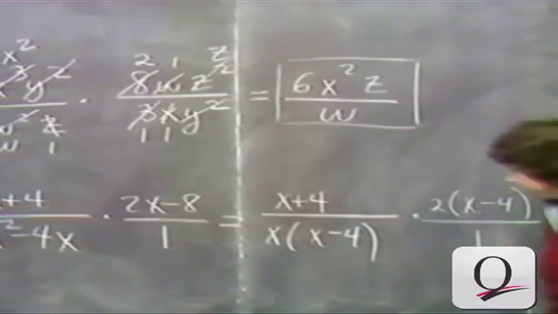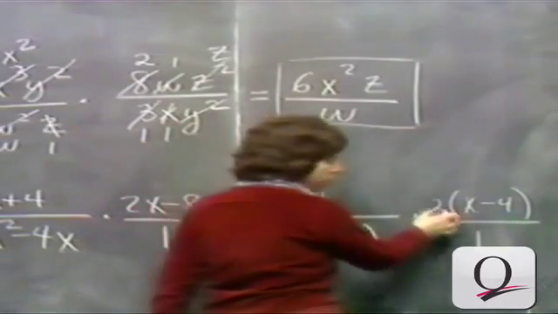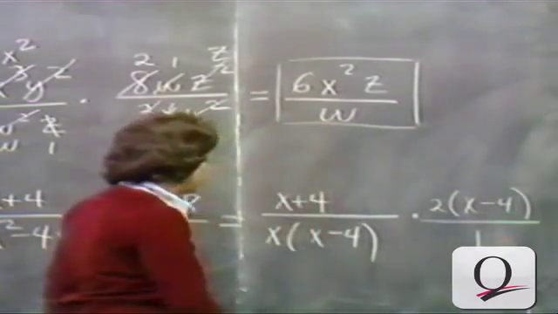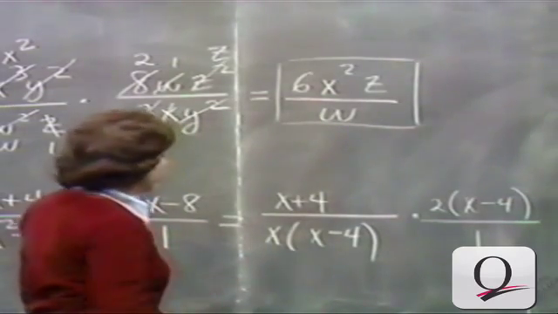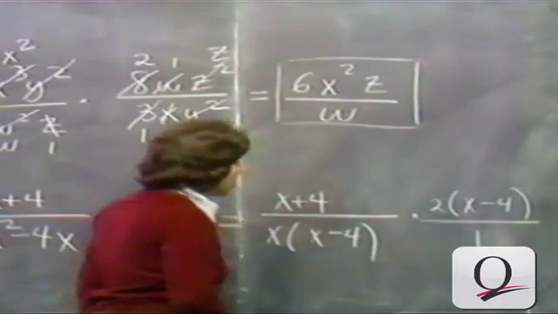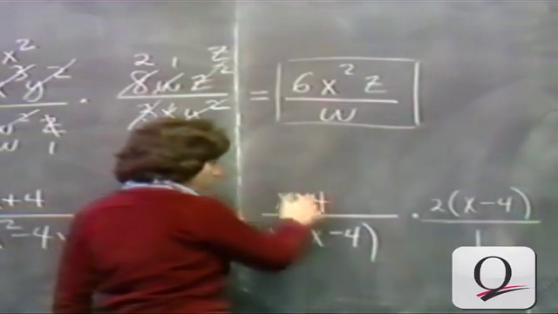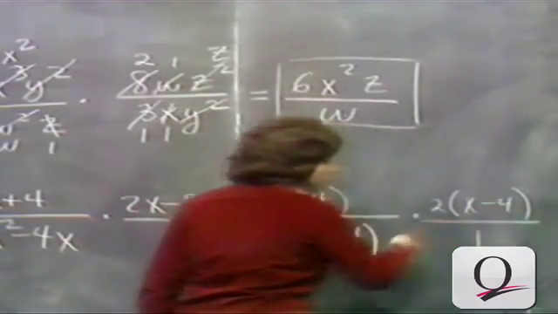Now that everything is factored, in other words, it's x plus 4 times 2 times x minus 4 on top, x times x minus 4 in the bottom, we can look for factors that we can cancel out. Remember, if it's completely factored, whether or not the parentheses are there, this is really like x plus 4 times 2 in parentheses times x minus 4.